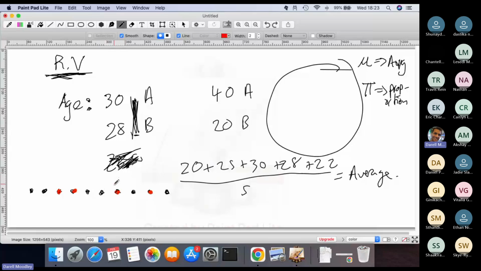What proportion of them smoke? Give that a shot in the chat. This is quiz time. There are 10 of them. You count how many are red, that's the people that smoke. So what proportion of people smoke given this data? Give it a shot and put your answer in the chat.